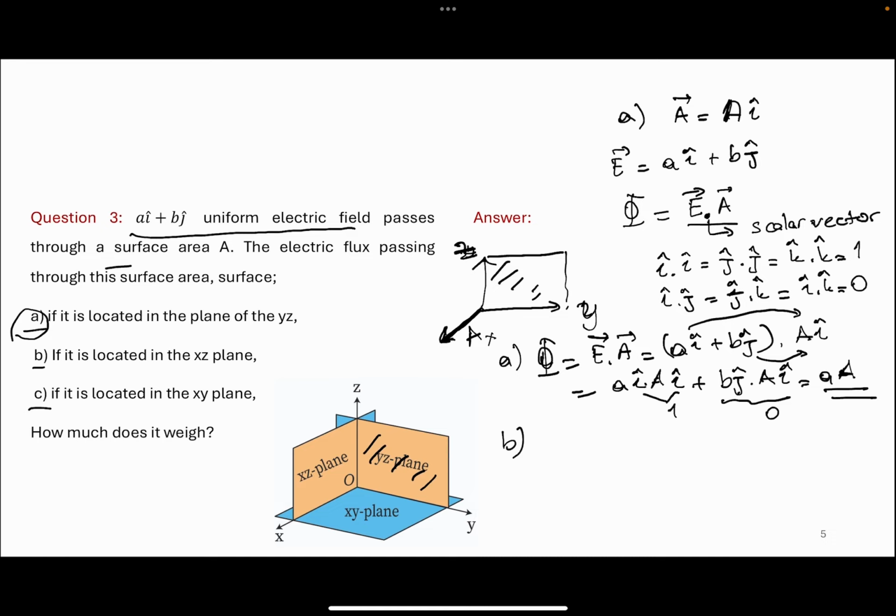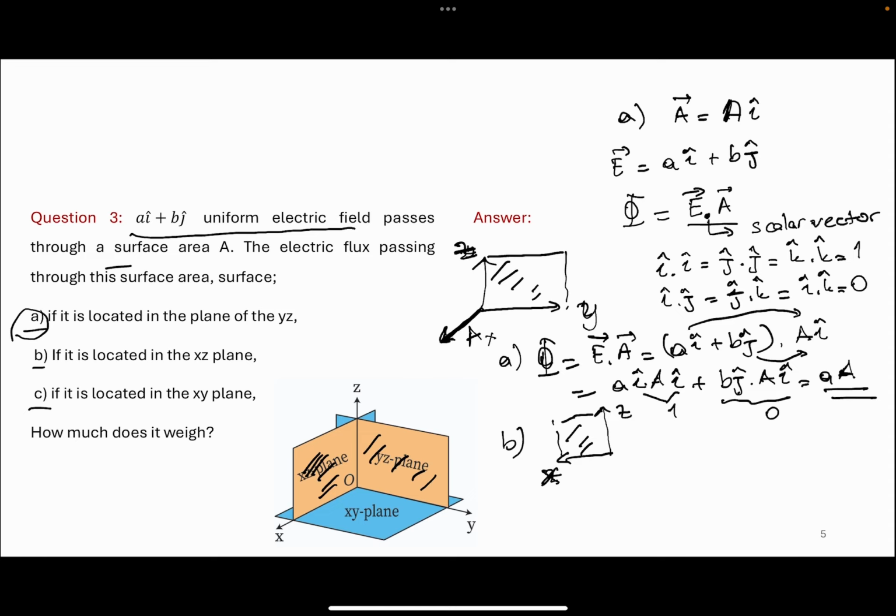For B, look at B. If you understand question A, you can understand B easily. If it is located on the x-z plane, where is it? It's on here, so I will draw it here. X is here, Z is here. So be careful.